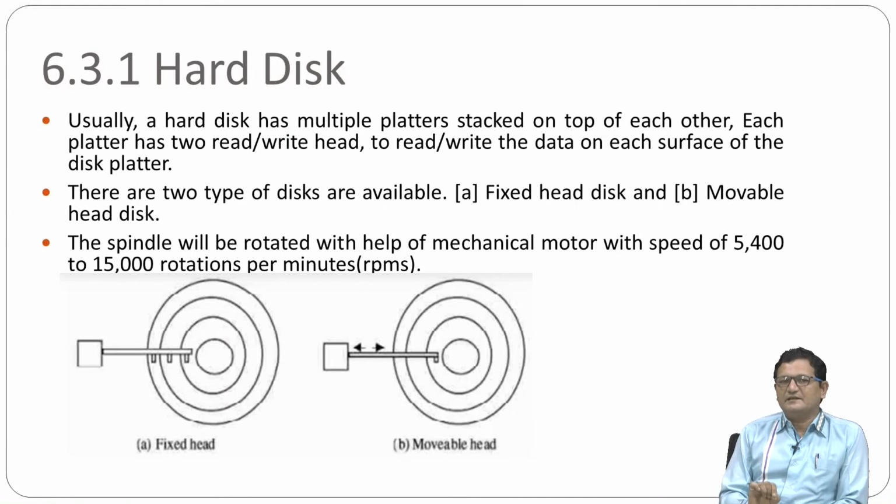Here you have circuitry which decides on which track the data has to be written or read, and it will activate that particular head. So in the case of a fixed head, the time taken by the circuitry to activate a particular head is called the seek time. Obviously, latency time will be the rotational time of the disk.